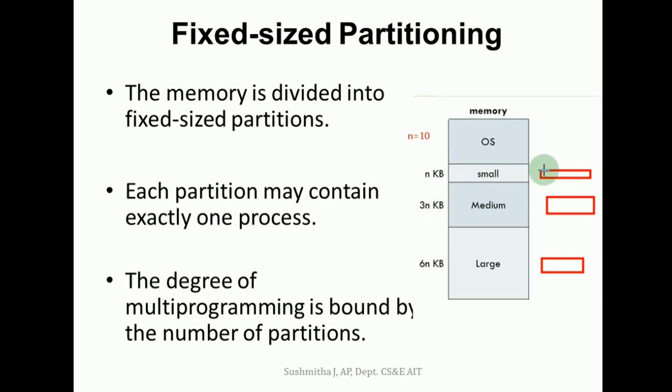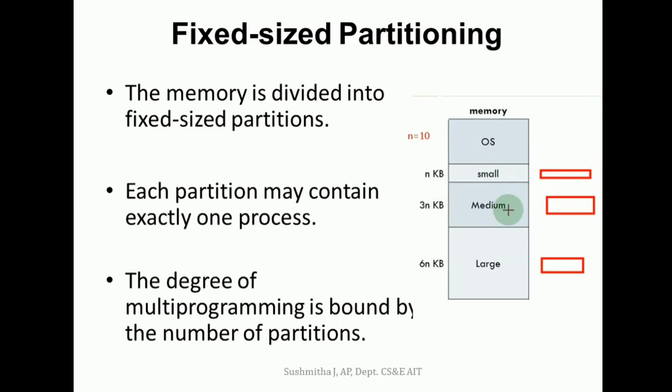Now in a system, if there are two or more processes that have a size of 10 or less, then only one process can run here. The others have to wait in the input queue. Now if I say process P1, so process P1 is loaded to this partition. After it completes its execution, there can be another process that is loaded.